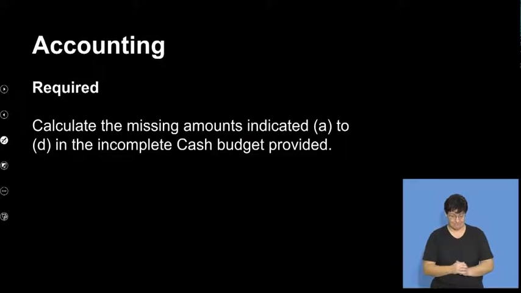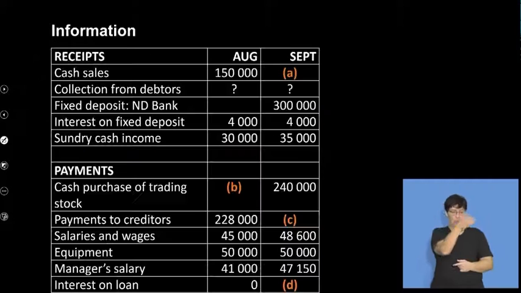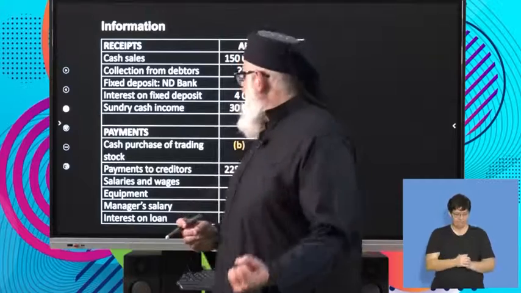Right, now we are expected to calculate missing figures indicated by A to D in the incomplete cash budget. All right, so my focus is my cash budget. There's my cash budget. As you can see, there are missing figures. Just before we go into the missing figures, let me draw your attention to the cash budget.